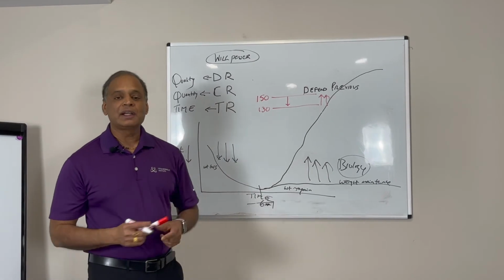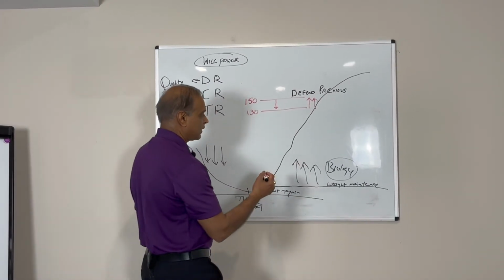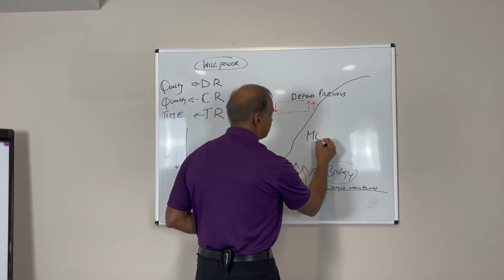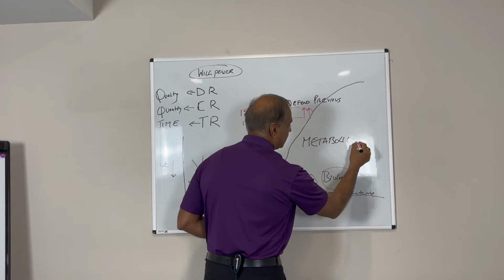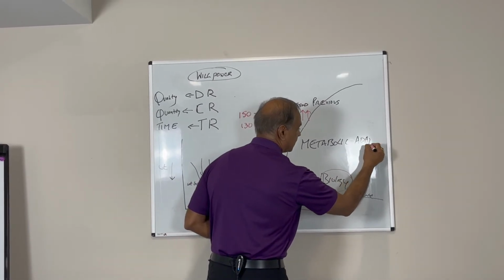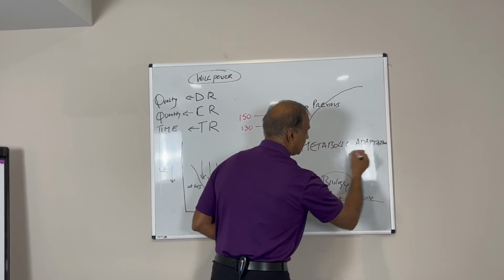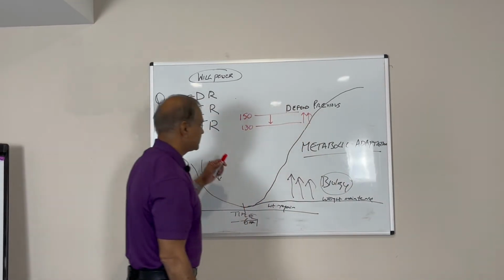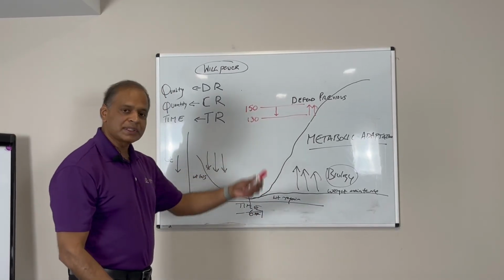And the body trying to go back to its previous weight is what is called metabolic adaptation. The body is trying to adapt to the new forces that you used and then trying to go back to its previous ways.